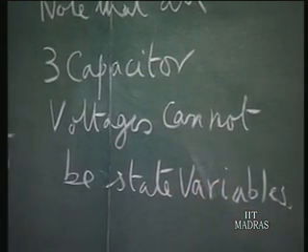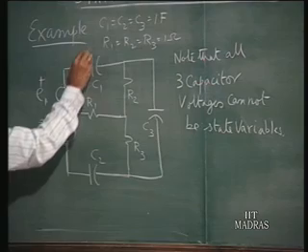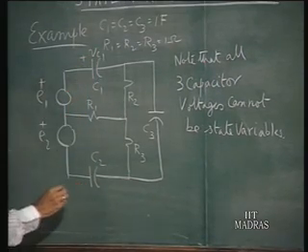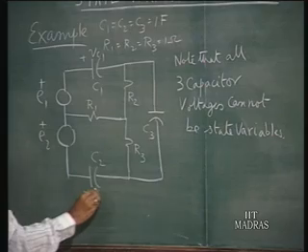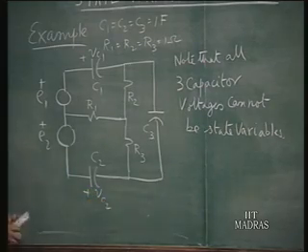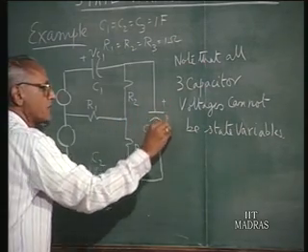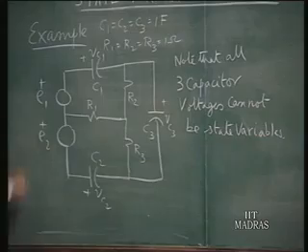Consequently, let us take Vc1 and Vc2 as the state variables, and the voltage Vc3 depends on Vc1 and Vc2.